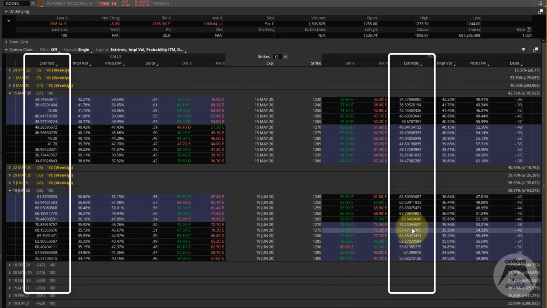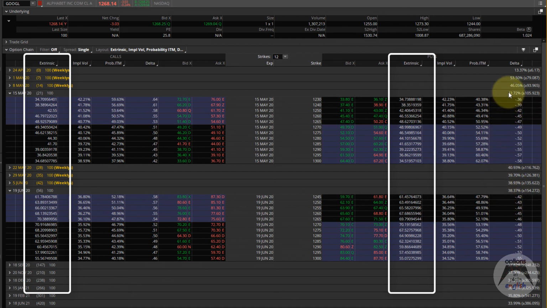And the same would happen if the implied volatility was higher or lower. This extrinsic value is the one that's going to be pumped up if implied volatility is higher, or if the implied volatility is lower, it is going to be decreasing from the value that you had before. So in this case, for example, it's hard to tell because all the values are changing at the same time.